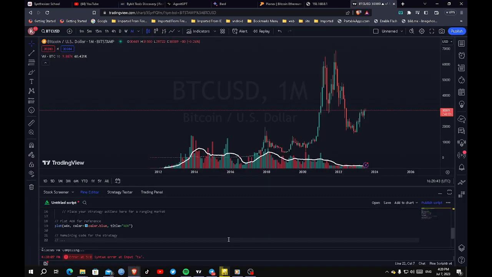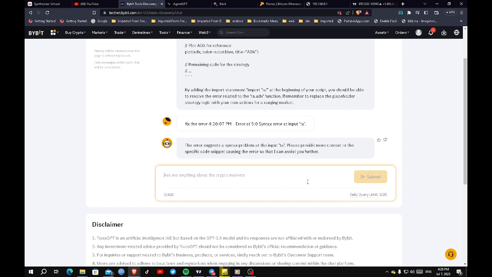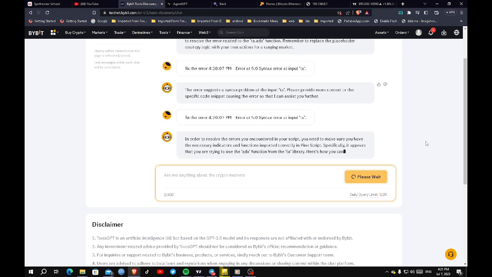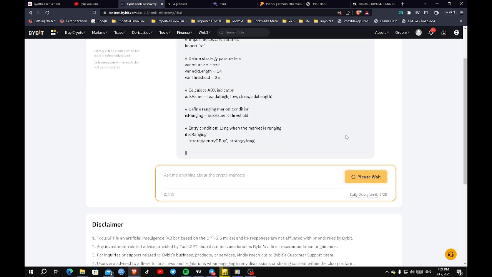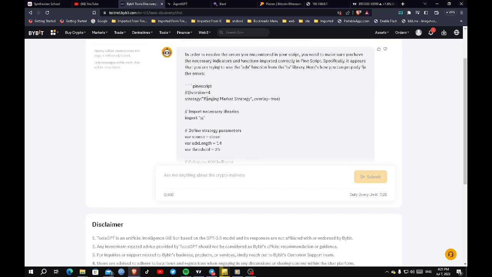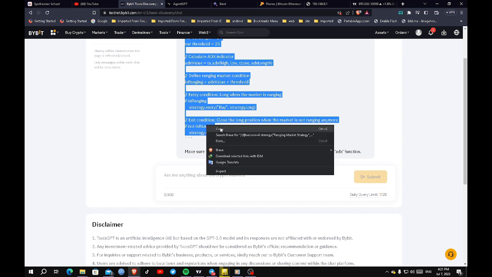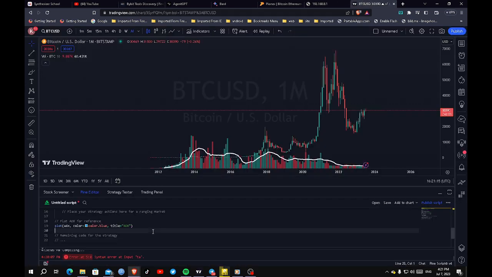Damn, this thing's messing up again. Alright. Fix the error. Good lord. I have to prompt it like twice. This time it's using version 4. Okay, delete everything. Oh, damn.